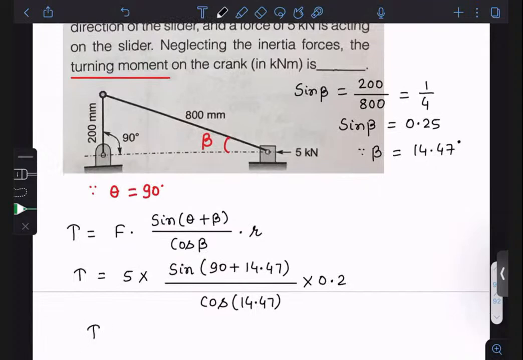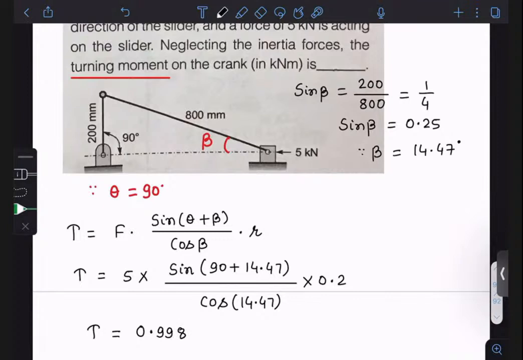So in that case, you are going to get a turning moment. One minute, let me find out this. Sine 90 plus 14 means 104.47 upon cos 14.47. Everyone calculate this. We are getting approximately 0.998, right?